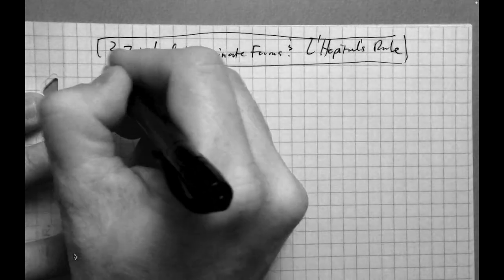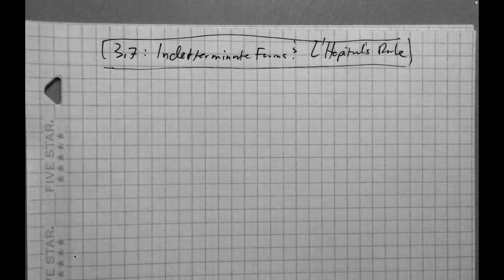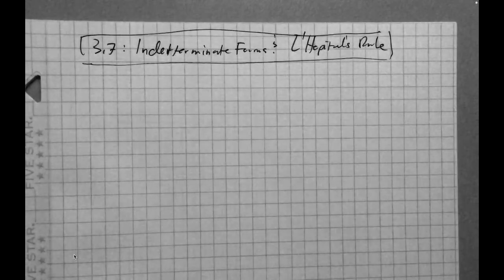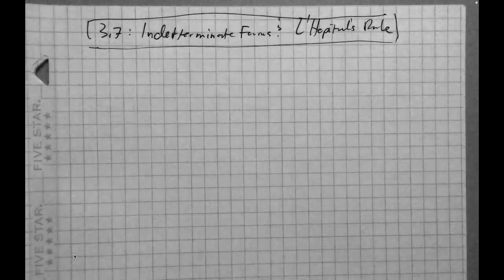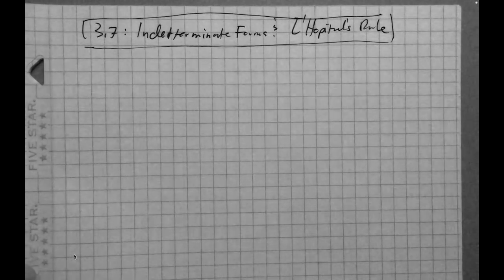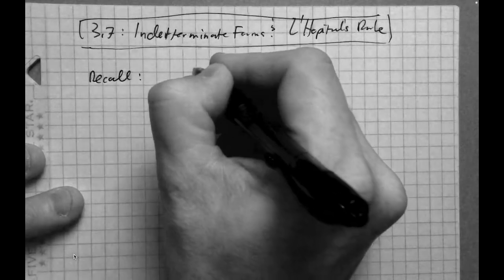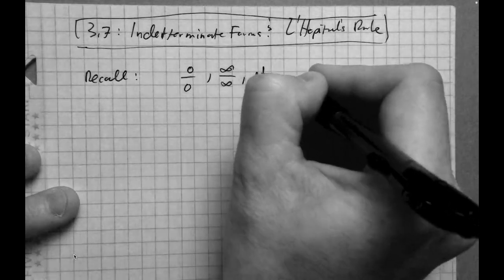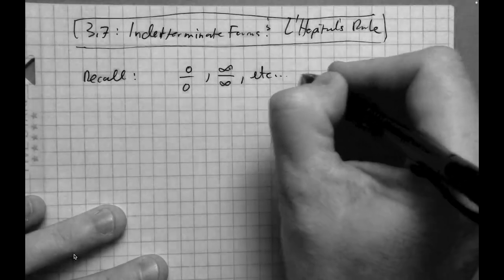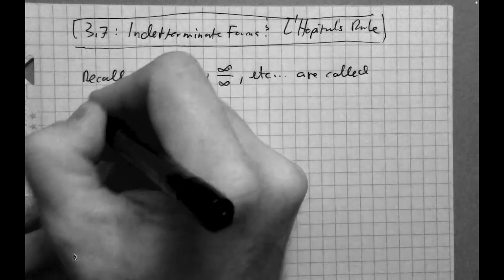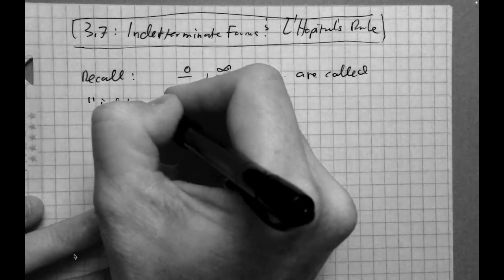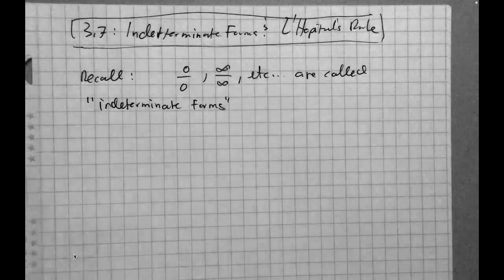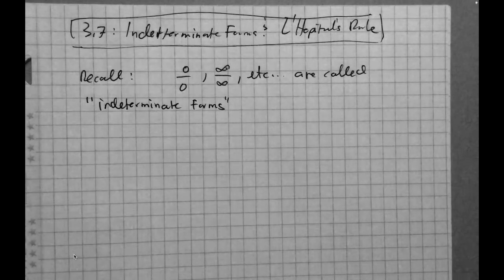Okay, so we would have talked about this briefly during the early sections of Calculus 1, this idea of indeterminate forms. But let's recall, what do we mean by an indeterminate form? So recall 0 over 0, infinity over infinity, etc., and we'll talk about what all of them are called indeterminate forms, mainly because they do not guarantee.